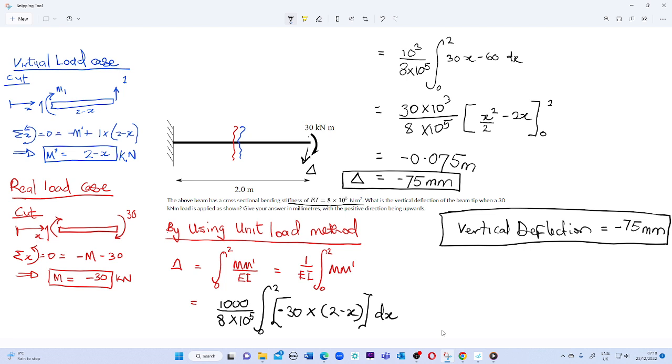cut moment, which is virtual moment m, and we have the shear force subjected. Now the length of the cut cantilever becomes 2 minus x.